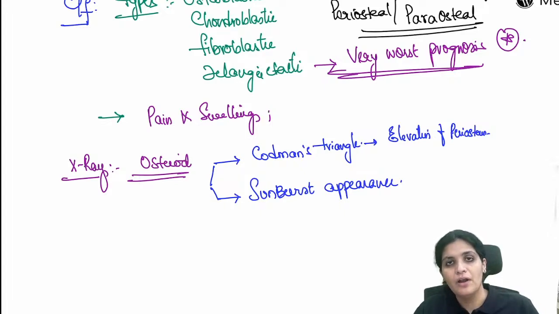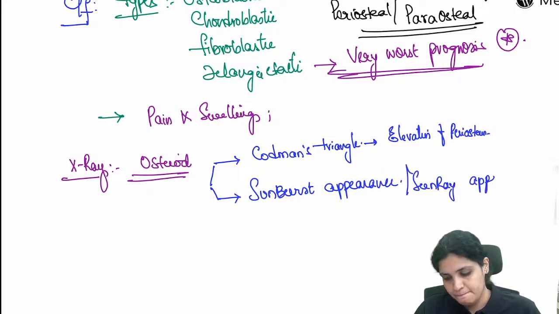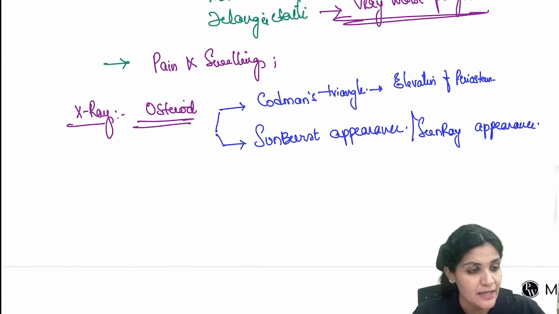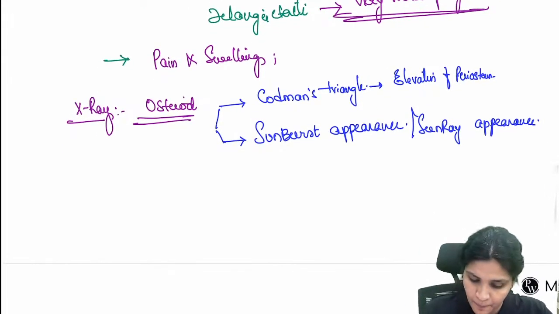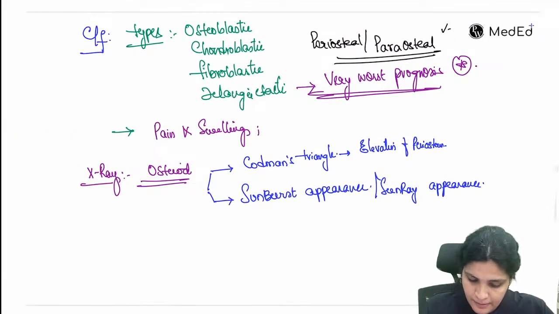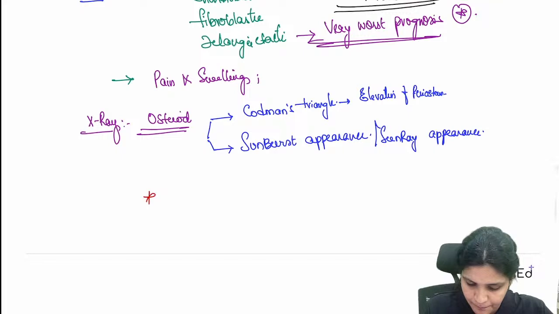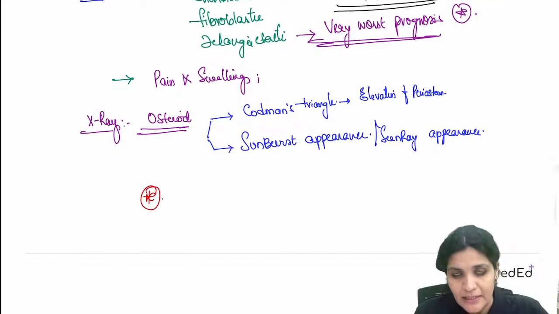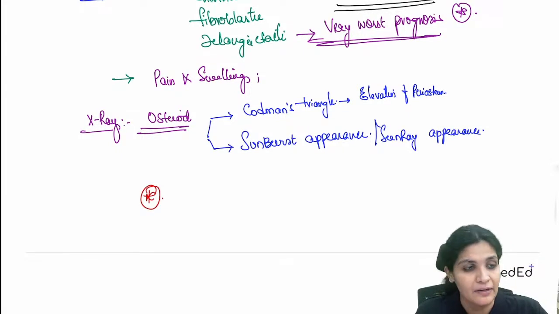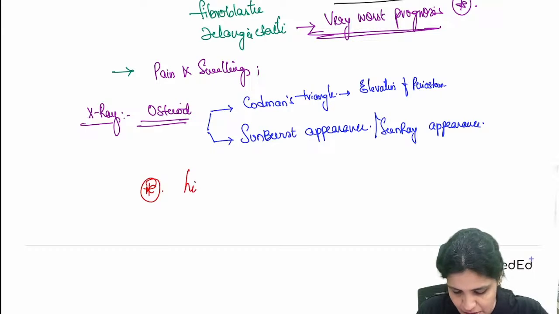Sunburst or sun ray appearance. That is the X-ray finding what we see, and then we go for higher investigations.